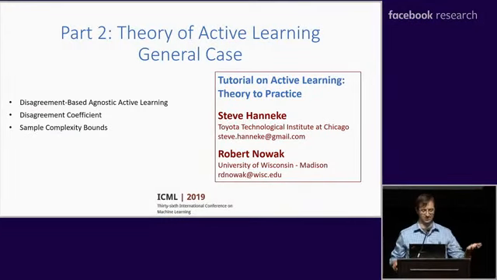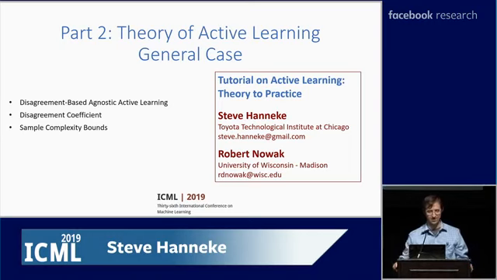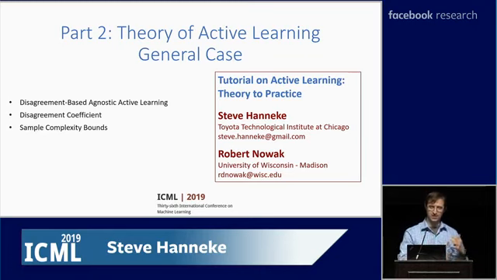Rob gave, of course, this wonderful introduction to active learning as a topic and the theory of active learning, and sort of the beginnings of why in special cases you can have a theoretically sound approach to active learning, and also some ideas about why maybe there was a general theory of active learning as well.